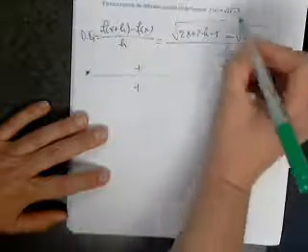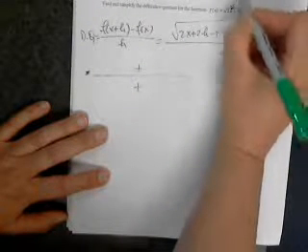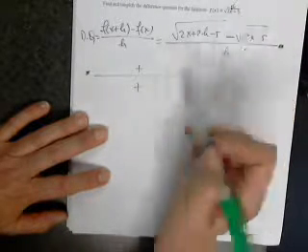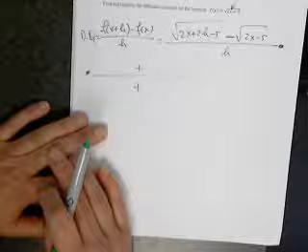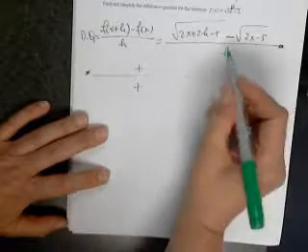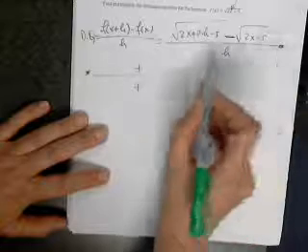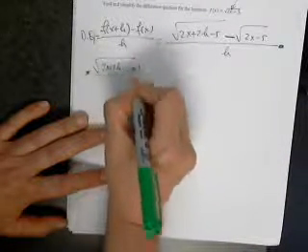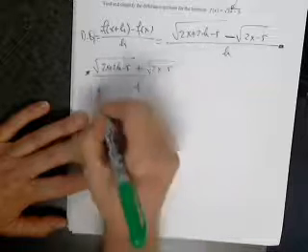When I replace x by x plus h, I have 2x plus 2h minus 5. So if I have minus, the conjugate of that is the plus. So 2x plus 2h minus 5 and plus 2x minus 5.